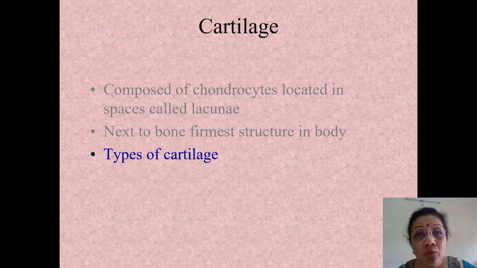So, it is possible to lay down a slab of cartilage which has no blood vessels within it. So, in between the chondrocytes, you don't have any capillaries or veins or arteries or anything.